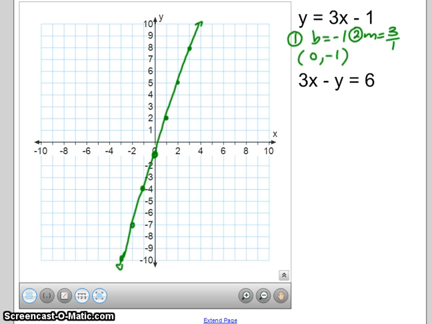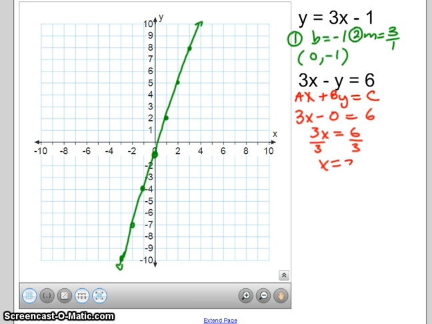Our second line, 3x minus y equals 6. Alright, this isn't in slope-intercept form, it's in standard form. So let's graph it using the x and y intercept. The x-intercept is when we plug in 0 for y. So 3x equals 6.